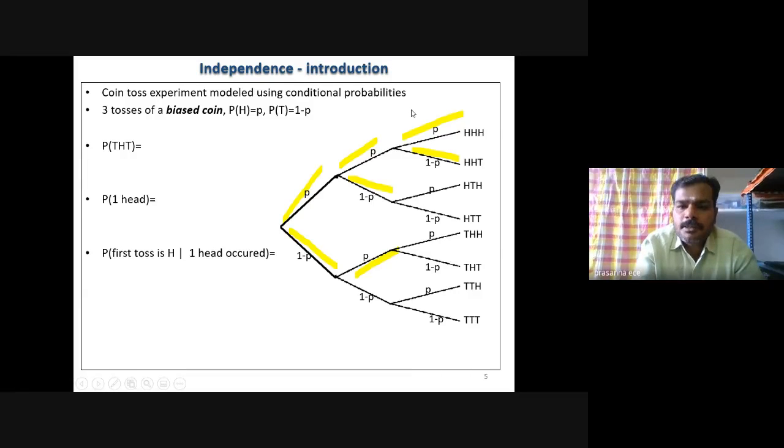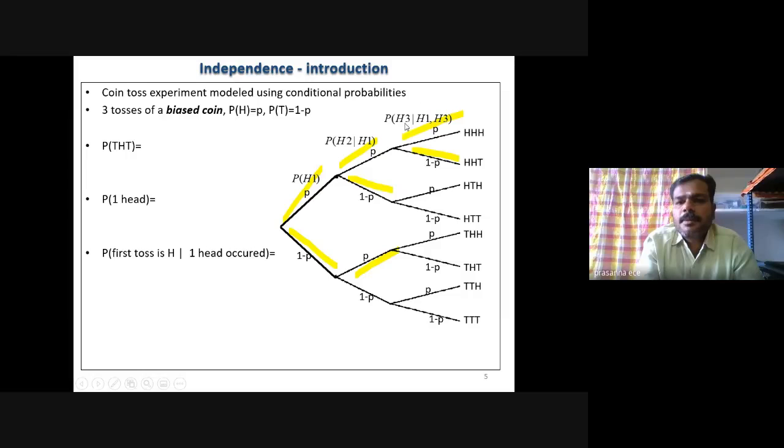What do these branches mean? The first branch is the probability of a head in the first trial, so P of H1 denotes the probability of getting a head in the first trial. P of H2 given H1 is the probability of getting heads in the second trial, given there is a head in the first trial.